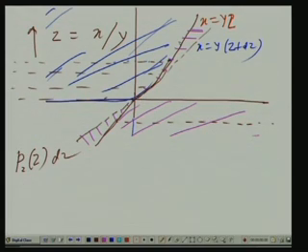To find that probability, I take points on this line. Maybe I start with a point here, say x y.